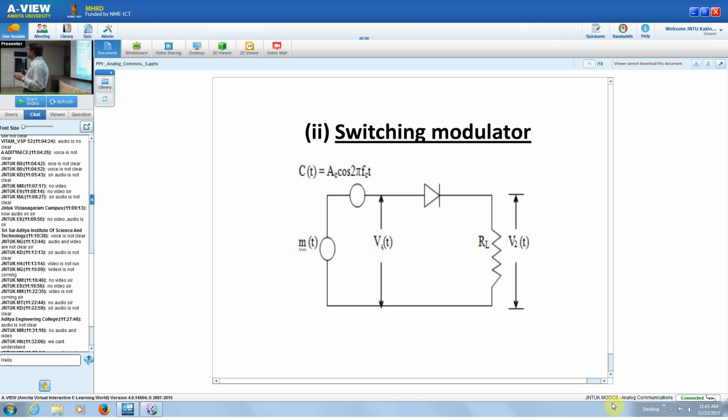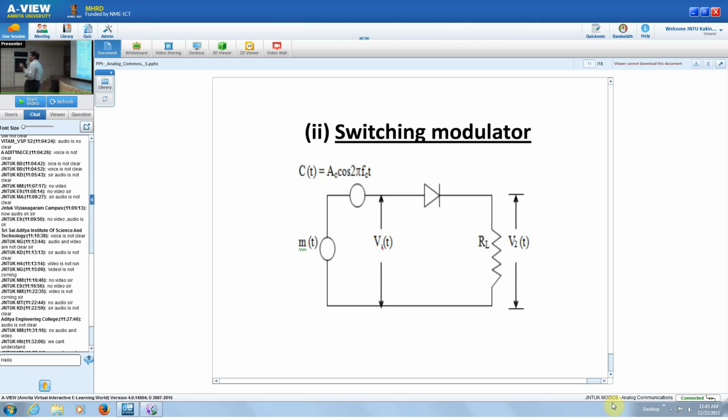What do you mean by ideal diode? Ideal diode is one which has 0 forward bias resistance and infinite reverse bias resistance.